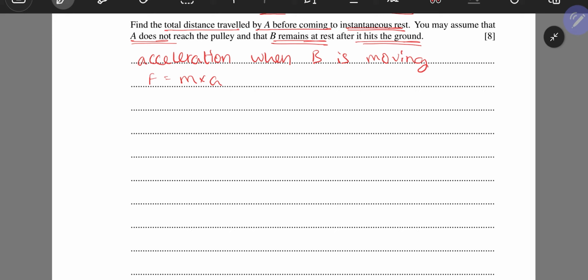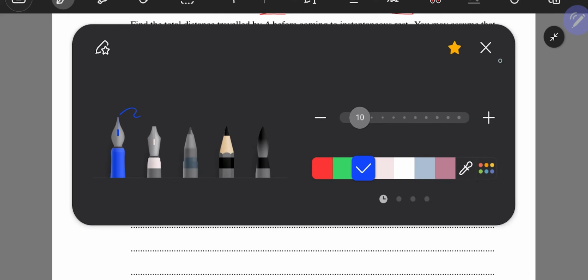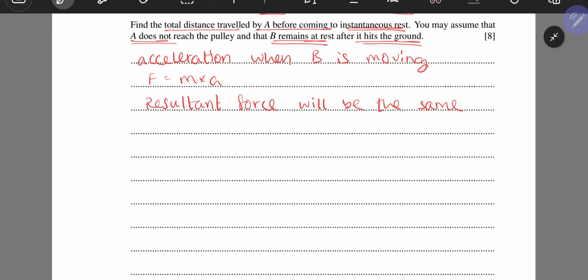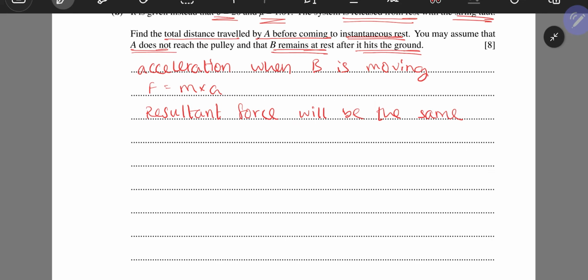The resultant force will be the same for both, since they're connected by the same string. Since their resultant forces are the same, their acceleration will also be the same.